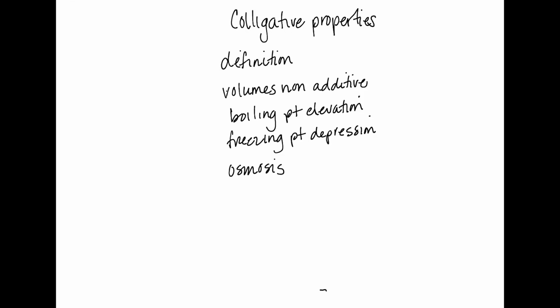So in this video, we talked about colligative properties, we talked about the definition of colligative properties, and we talked about three main colligative properties: the fact that the volumes can be non-additive, the fact that boiling points get elevated, and freezing points get depressed when you add a solute to a solvent to make a solution.